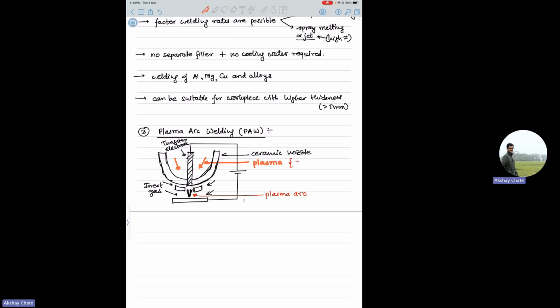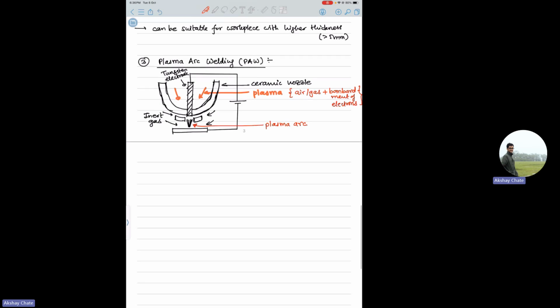Whatever air or gas that you have, you basically ionize it by bombardment of electrons. There are different plasma creation techniques, but that's not part of this discussion. It is essentially ionized gas or air, and that usually happens at higher temperatures.